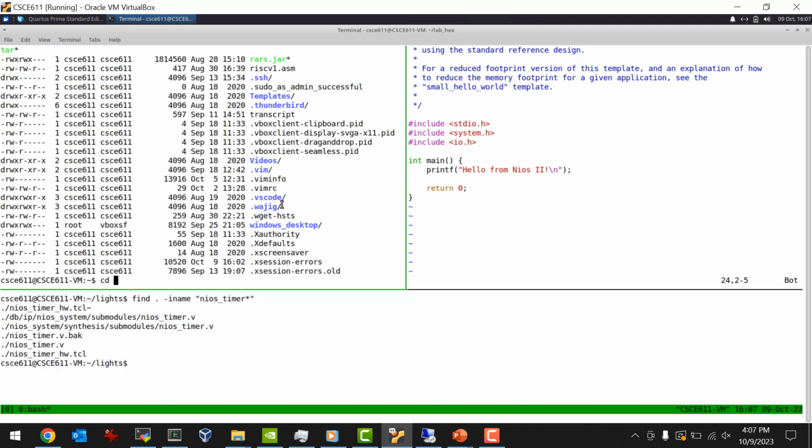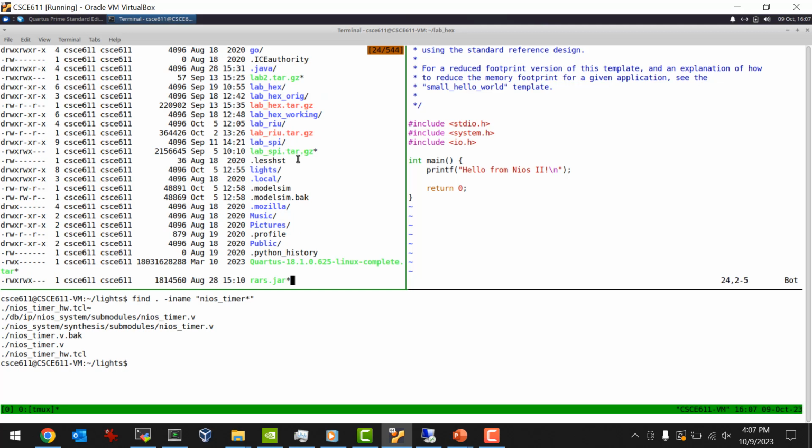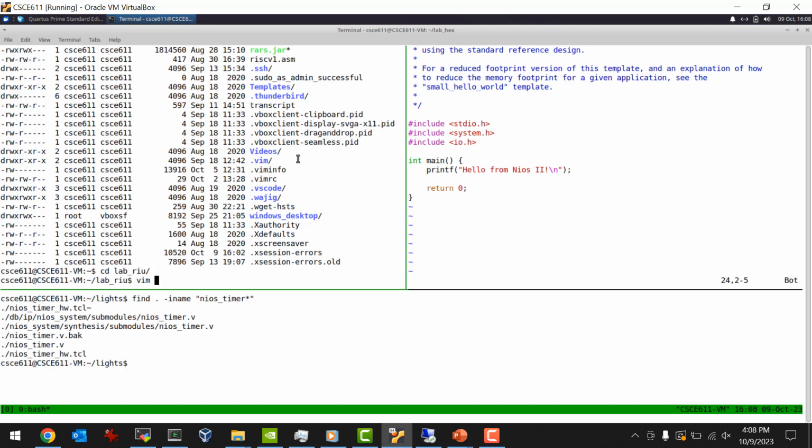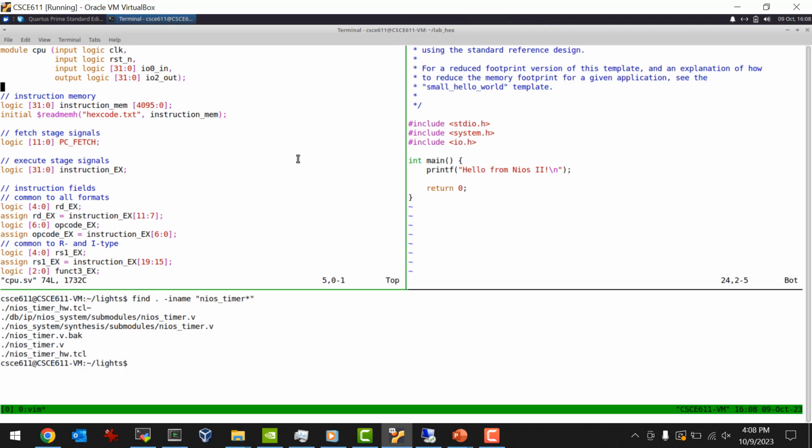I thought I had a lab hex RIU. There it is. CPU.sv. Okay.